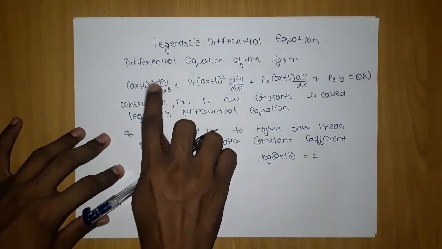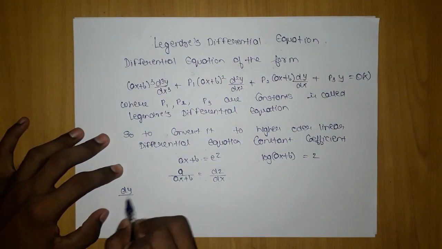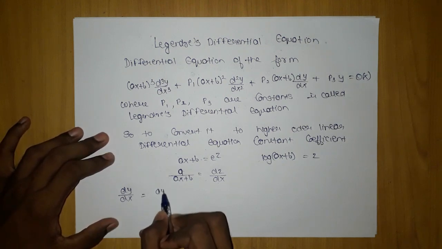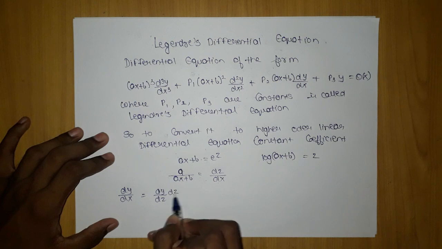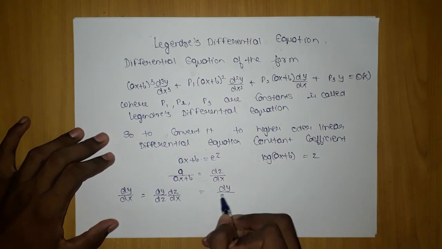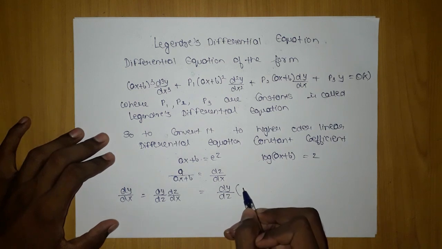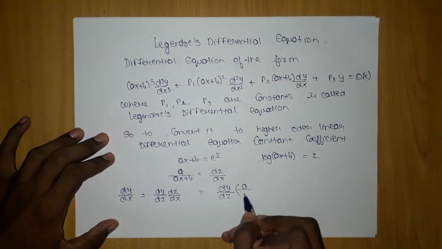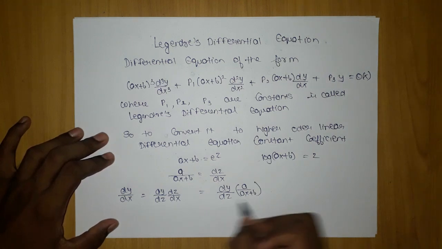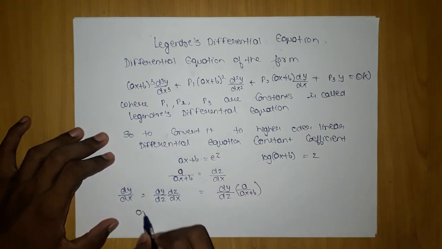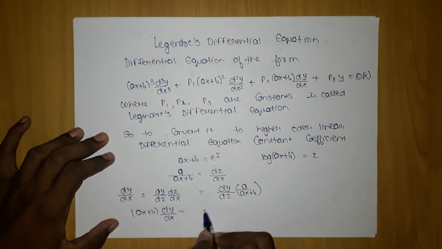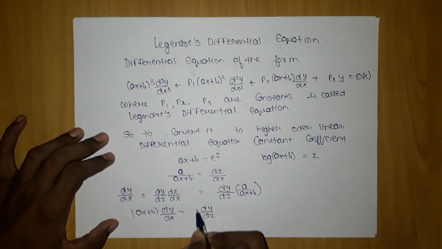Now we need to find dy/dx, like there where I needed to find dy/dx and got x dy/dx. So we multiply and divide by dz. Then, since I know the dz/dx value, I can write dy/dz into a/(ax+b). Moving ax+b to the other side, (ax+b) dy/dx equals a dy/dz.